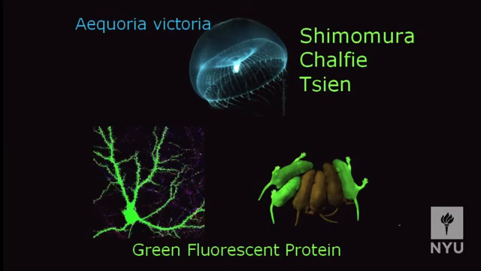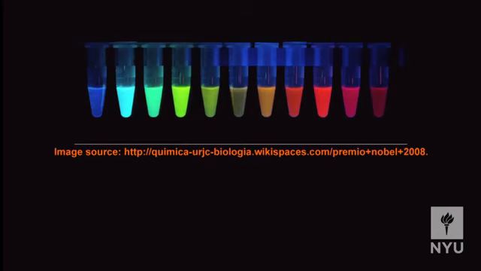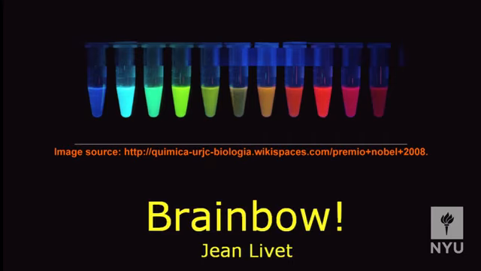Roger Chen, who started playing with green fluorescent protein and looking at the fluorescent proteins of not just this jellyfish, but other fluorescing jellyfishes, to tweak those colors and get a whole series of different colors. So Chen kind of got the ball rolling, and others jumped in to identify so many different colors, and they called it brainbow.